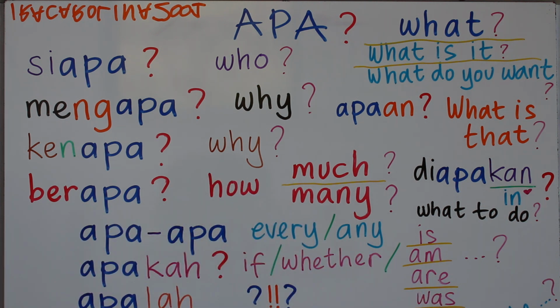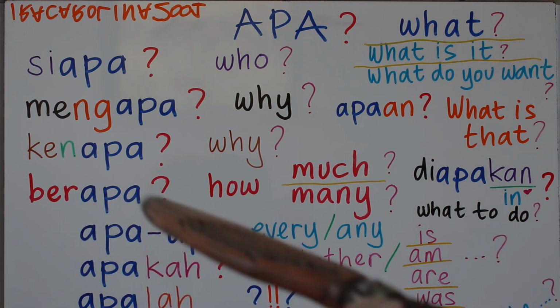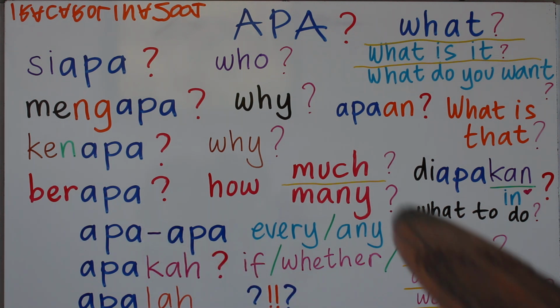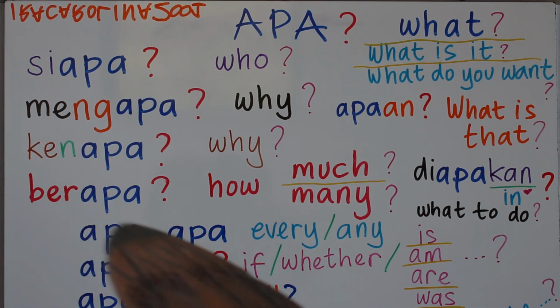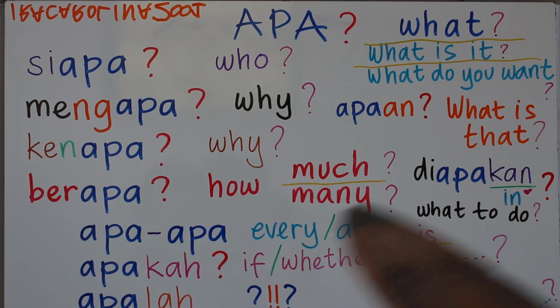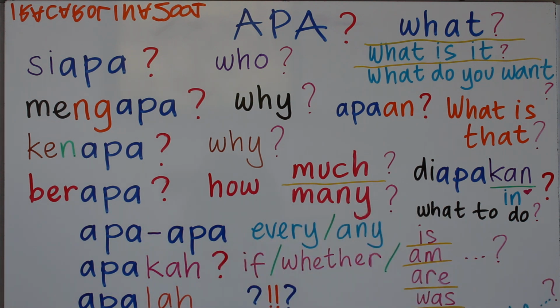You don't have to say who is it or who are, just siapa or mengapa, just like that. And this is, what is that? We just say it, apaan. And this one, for how much and for how many, we just say berapa.